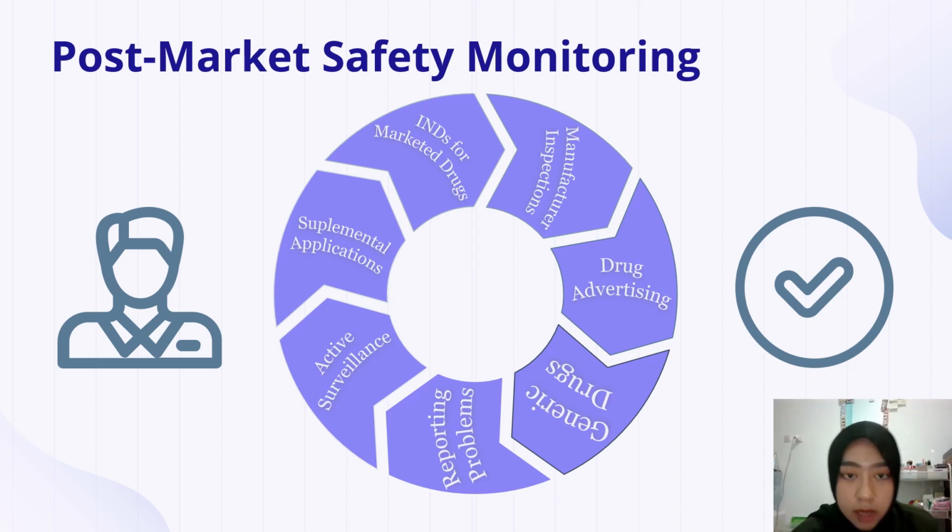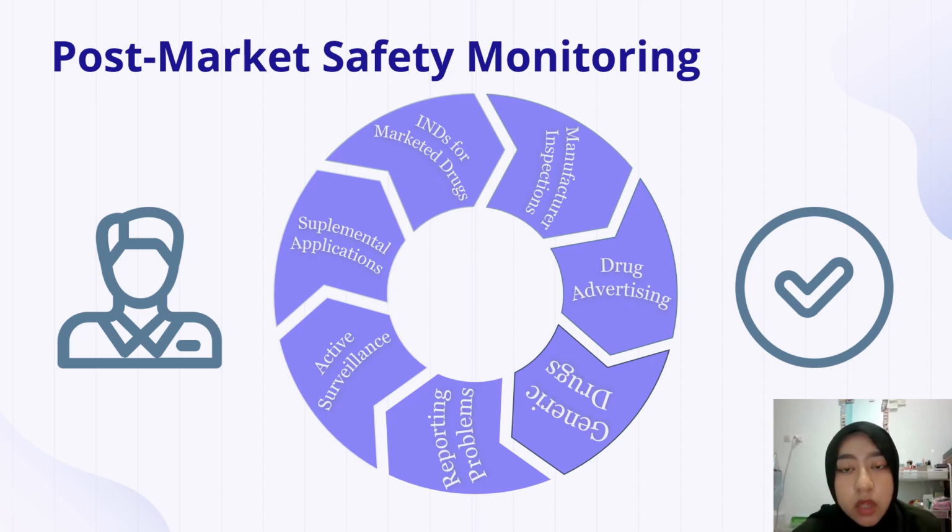Next, reporting problems. FDA has several programs that allow manufacturers, health professionals, and consumers to report problems associated with approved drugs. MedWatch and the Medical Product Safety Network, or MedSun. And then last, active surveillance. Under the Sentinel initiative, FDA is developing a new national system to more quickly spot possible safety issues.